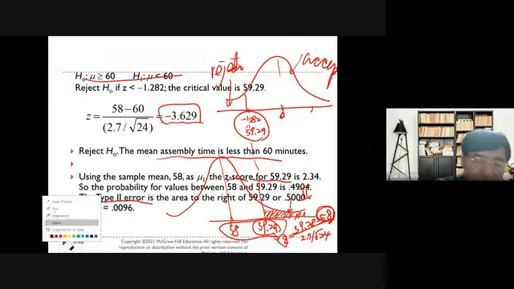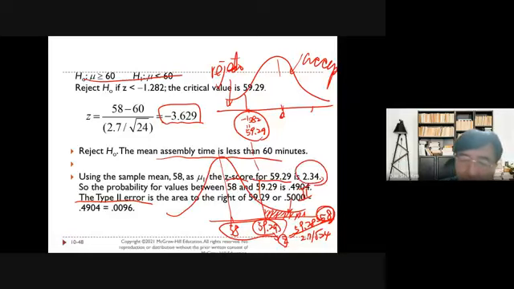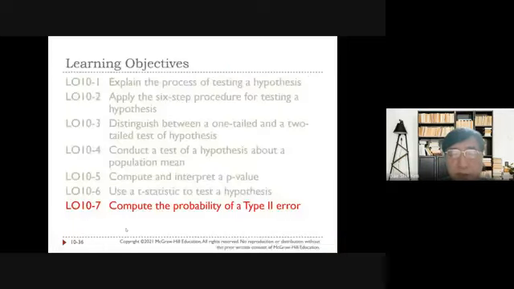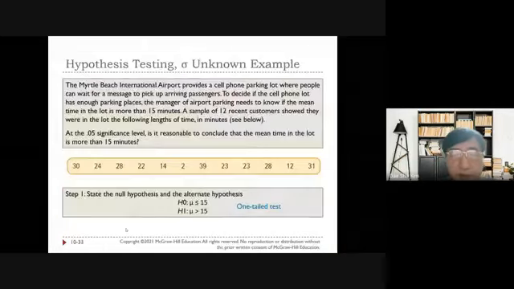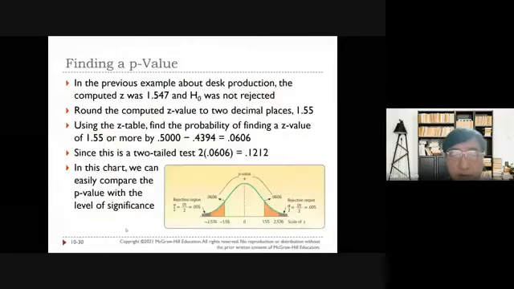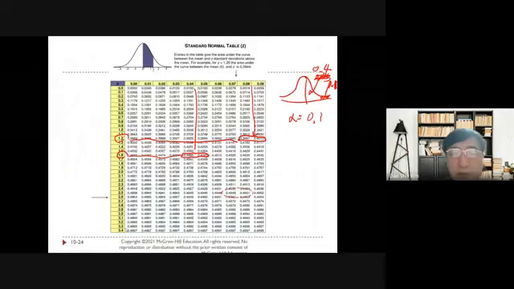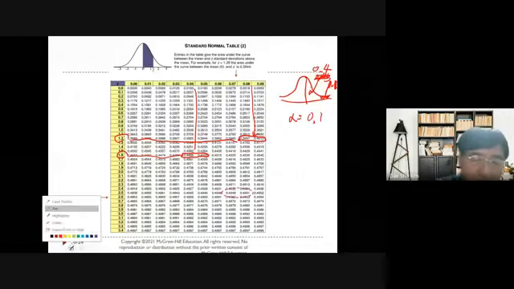This is very important. I need the normal distribution table for 2.34.